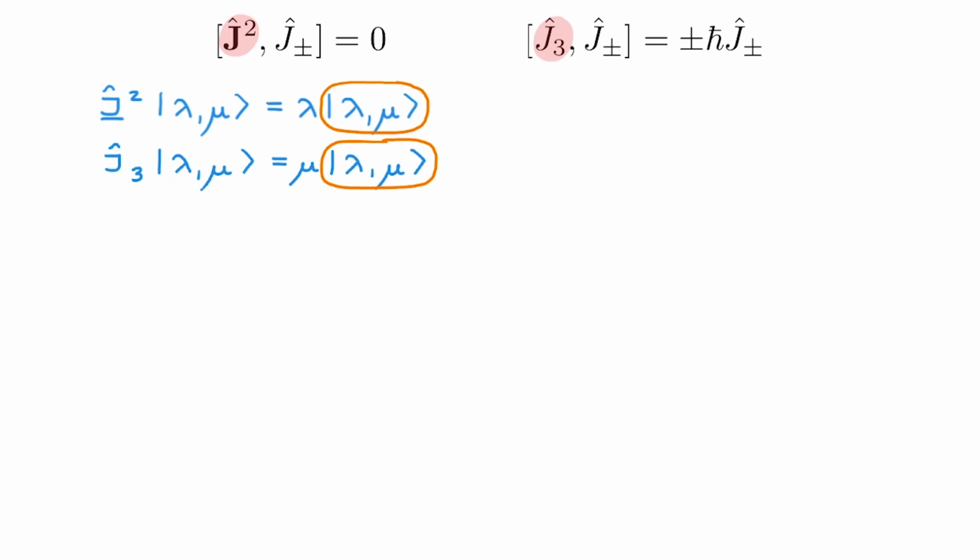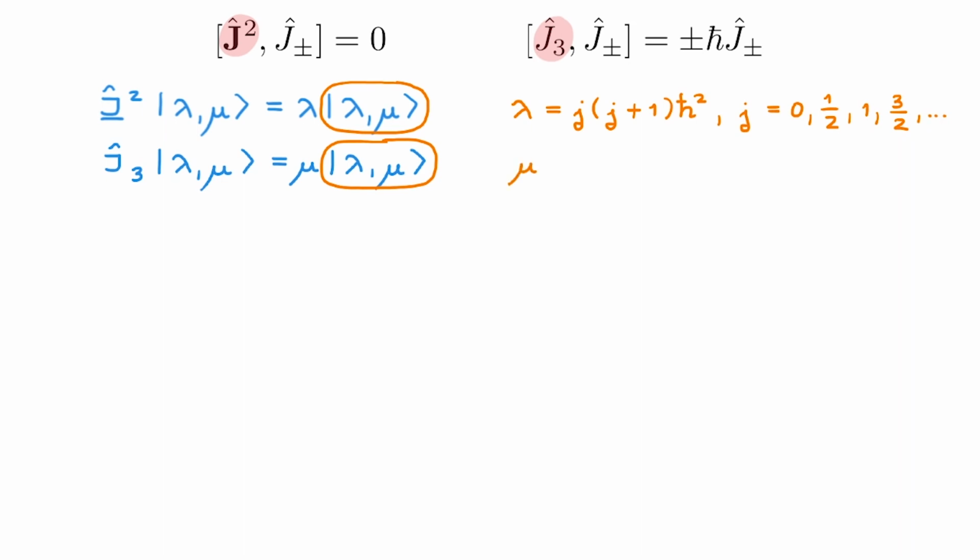Now, before we proceed, let's discuss these equations in a little bit more detail. As we discussed in the video on angular momentum eigenvalues, it turns out that lambda and mu can only take very special values. In particular, lambda is always given by j times j plus 1 times h bar squared, where j is equal to one of 0, 1/2, 1, 3/2, and so on, in steps of 1/2.